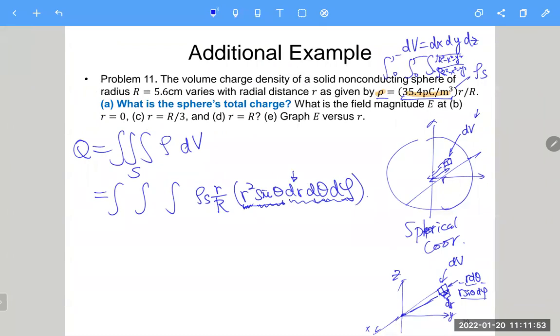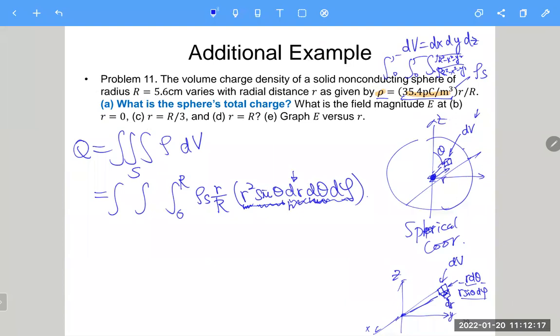And of course, we need to determine the lower and upper bounds for the integration. For dr, we can simply imagine this is from 0 to capital R. Then theta is the angle between this line and the z-axis.